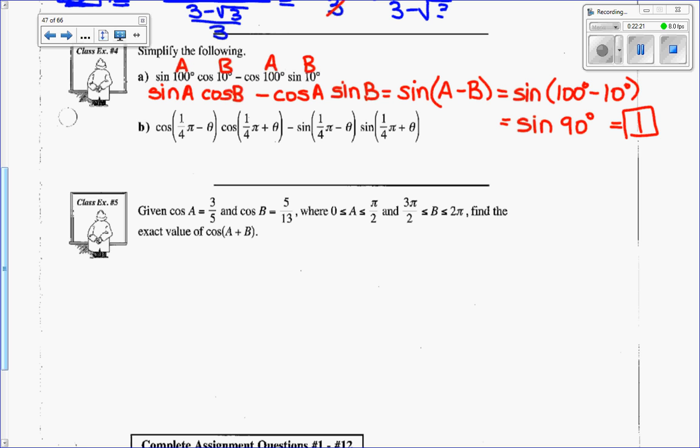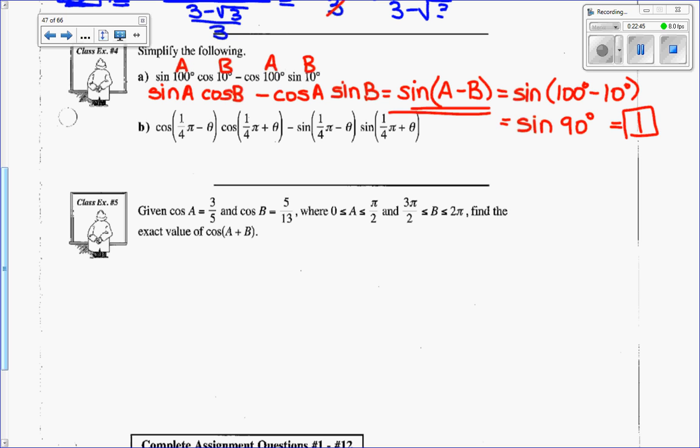So see how we can use the identities kind of backwards now. When we're given the expression, we can figure out which identity it was, and then sub in our A and B and solve, right? So that's how you simplify them.